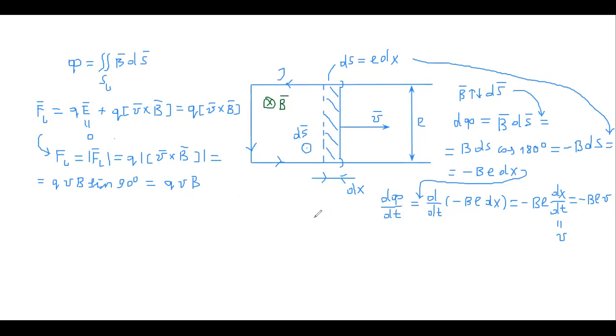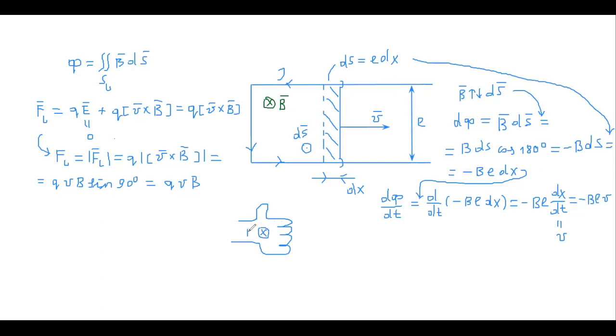It is necessary to put the left hand like this, and vector B should be directed to the palm of the left hand.